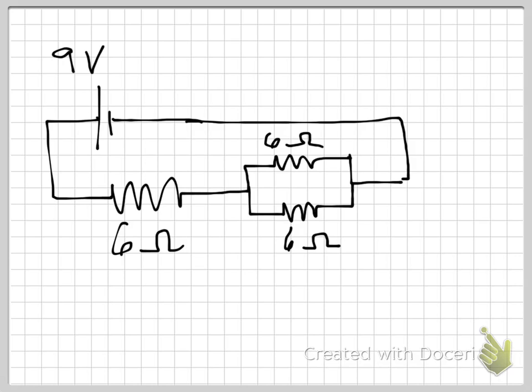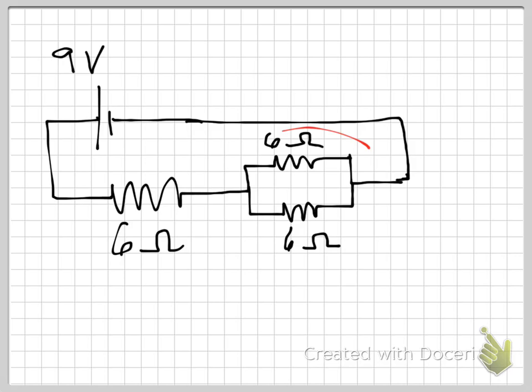When you've got any kind of more complicated equivalent resistor problem, the way to solve it is by taking the innermost thing, solving for the equivalent resistance of that, and then working back outwards.